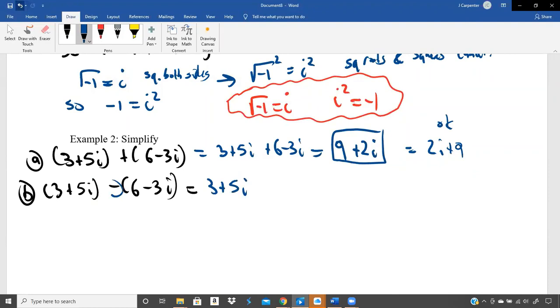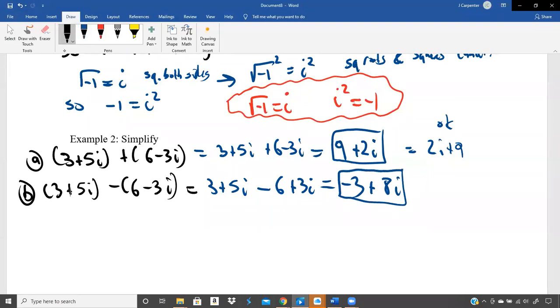But with the minus in front of the parentheses, that means you need to distribute it. This is where people make their simple mistakes. Nobody's perfect. I've done it before myself. But that should be a minus 6, and then not a minus 3i, but a plus 3i now, because this negative and this negative cancel each other out. Combine your like terms. 3 minus 6 is negative 3. 5i plus 3i is a plus 8i. And yes, 8i minus 3 would be okay, but I'm not going to keep writing those alternate forms.